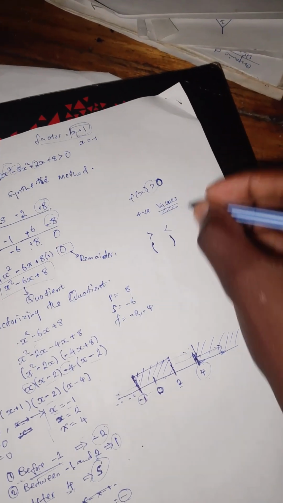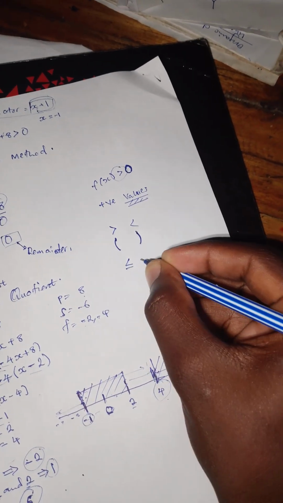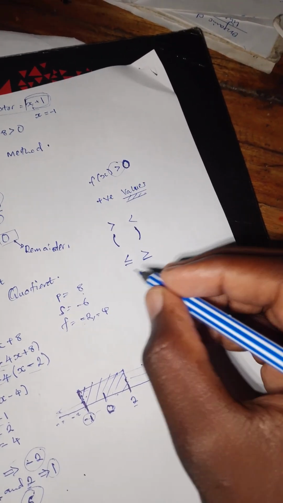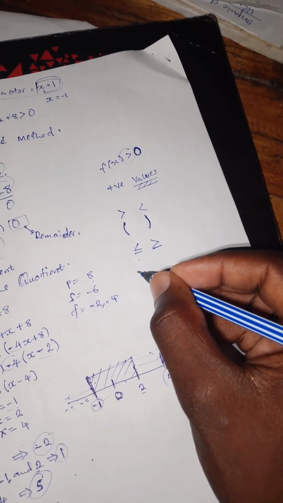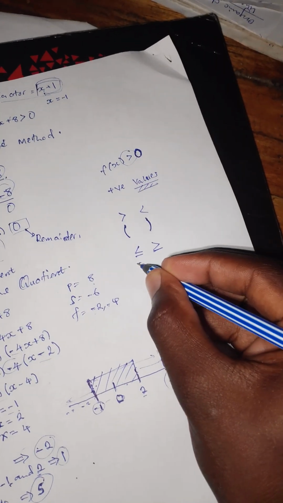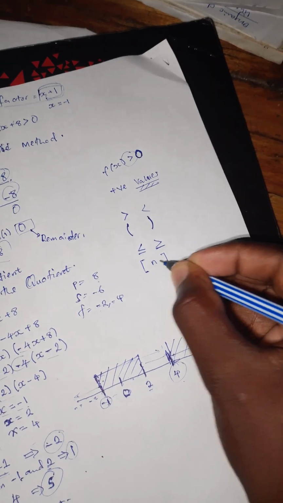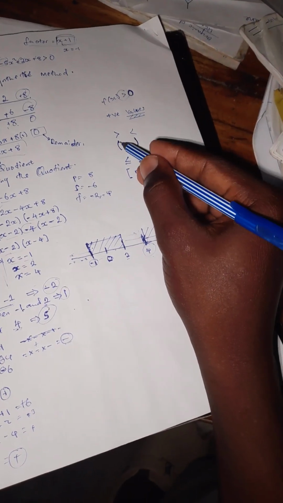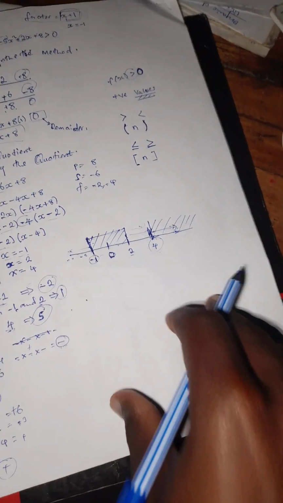But if the sign includes equal to, the values are part of the solution, and you put square brackets with your answer in between. Here the solutions are not part of what we want.